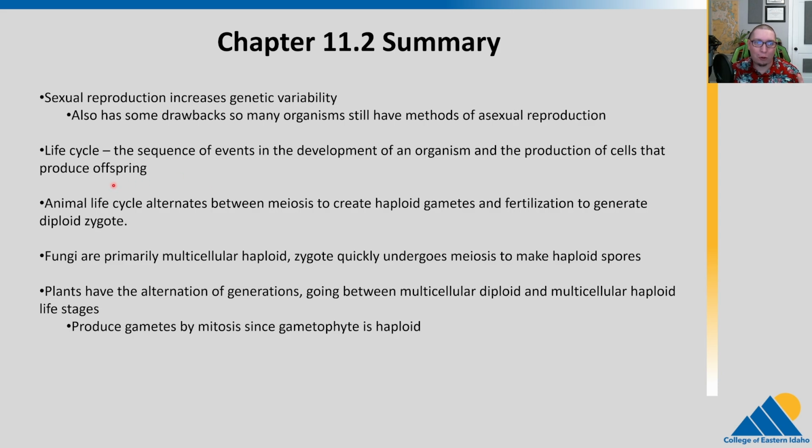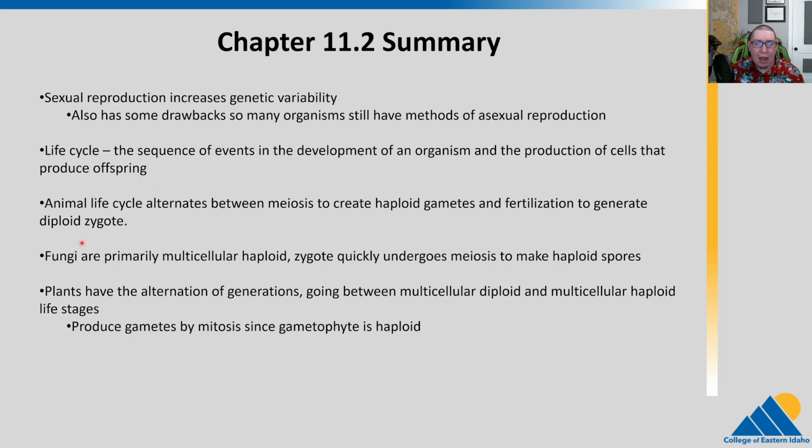Animal life cycles alternate between meiosis to create haploid gametes and fertilization, which generates that diploid zygote, which then goes by mitosis to become the multicellular diploid phase. Fungi are primarily multicellular haploid, and the zygote quickly undergoes meiosis in that short sexual stage to make haploid spores. So they're very rarely diploid.